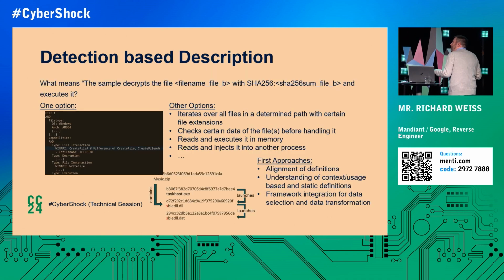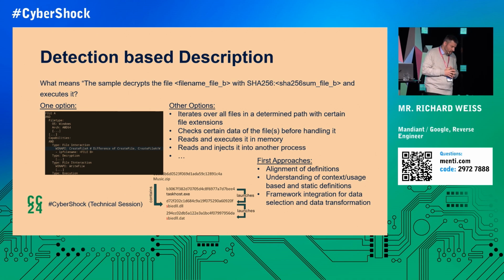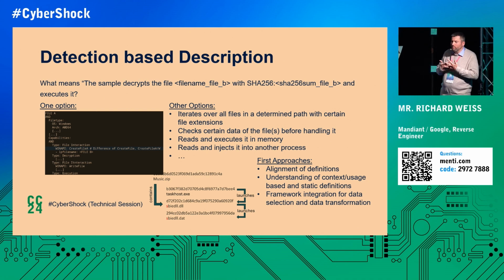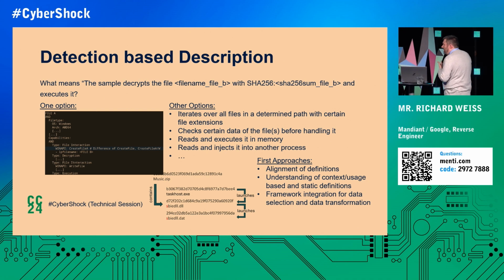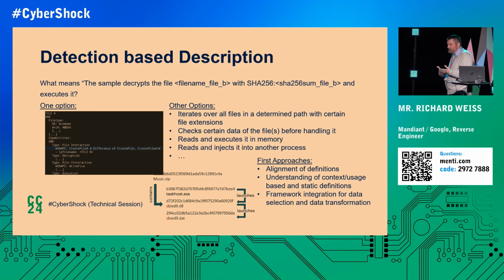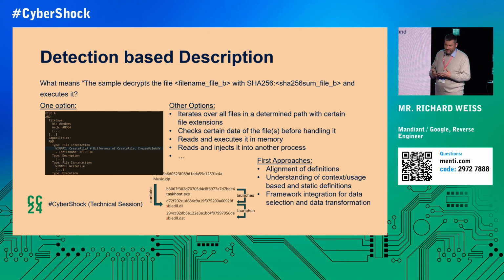But what does it mean when it decrypts and launches? That is more my field, where I come from as a reverse engineer, because I'm interested in providing information. If I write down that it launches a file, it has several aspects of detection.